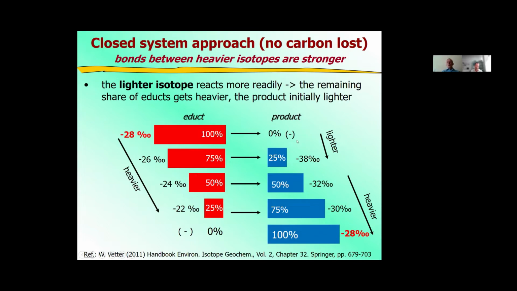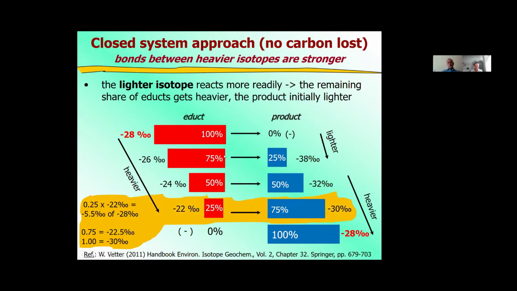On the other hand, the product in the beginning is very light, because at that point very light carbon is converted. But afterwards the heavier carbon also has to be consumed. So the product is also steadily getting heavier until in the end all of the educt is consumed, there is nothing left, and you have the value of the beginning. This is the underlying idea, and it should give you an idea of what you can do with that.